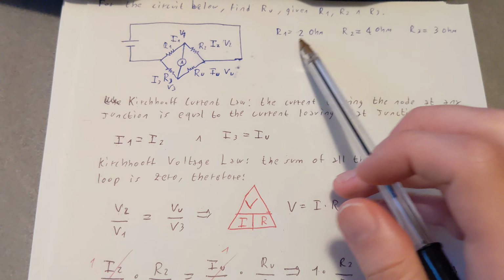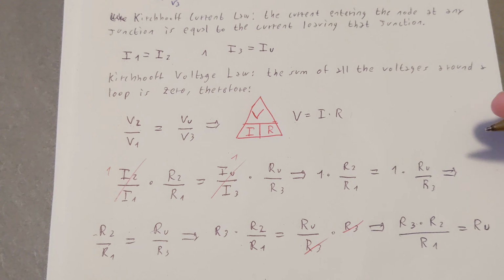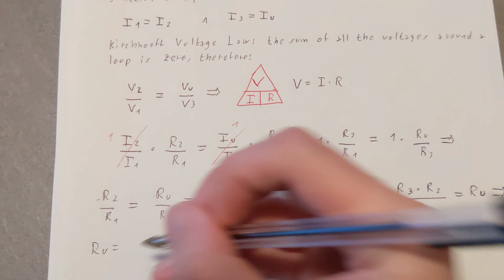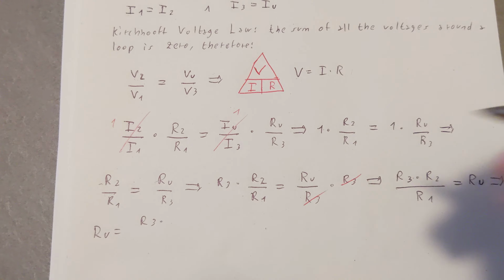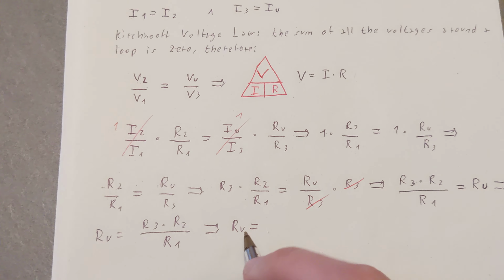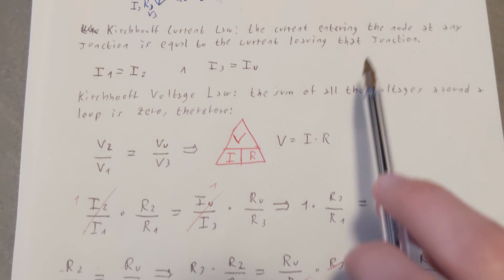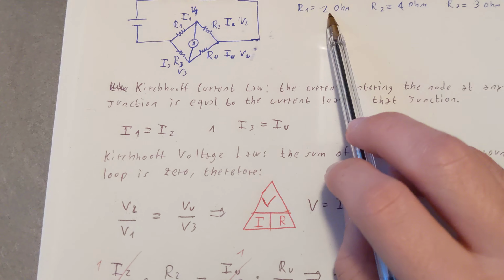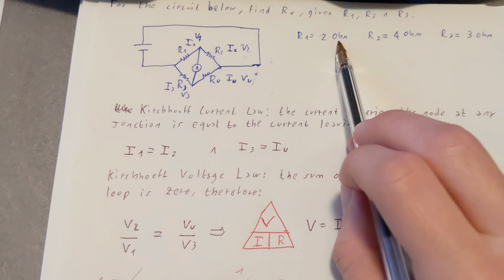So we just have to plug the values into the formula that we have just found, and we are going to solve the exercise. As I said, Ru is equal to R3 times R2 over R1. Now Ru, our unknown, which is soon going to be known, is R3, so 3 ohm, times R2, which is 4 ohm, everything over R1, which is 2 ohm.